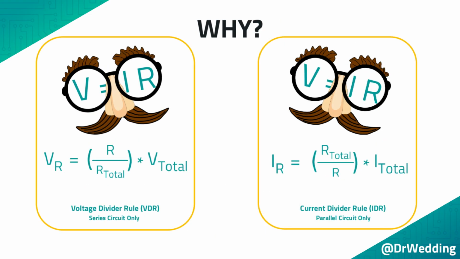You may be asking yourself, why would I need to know a specific version of Ohm's law if the generic form of Ohm's law always works? Both the voltage divider rule and the current divider rule help you understand what is going on in a circuit. In both equations, the resistors create a fraction that is used to determine how much voltage or current a resistor gets.